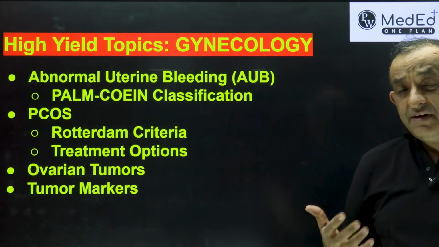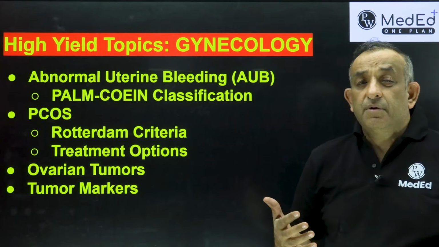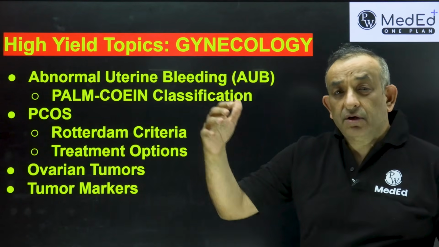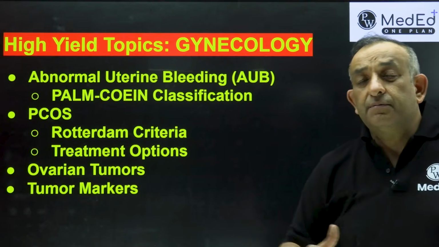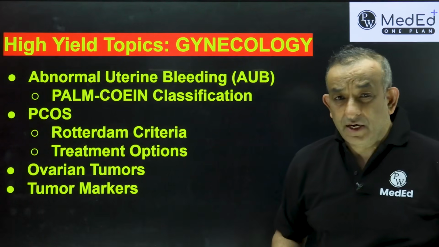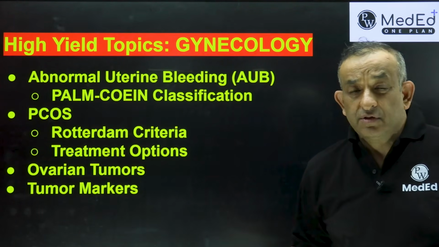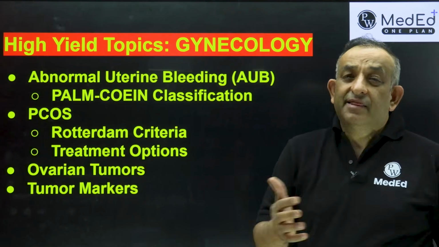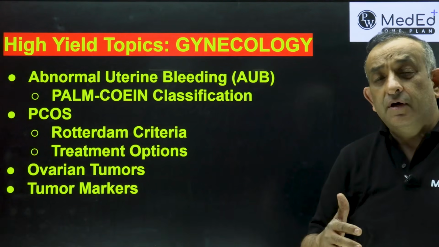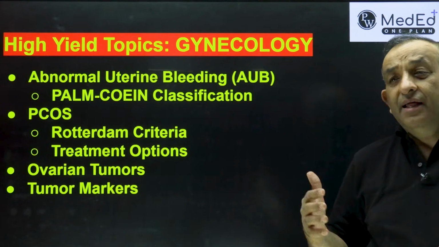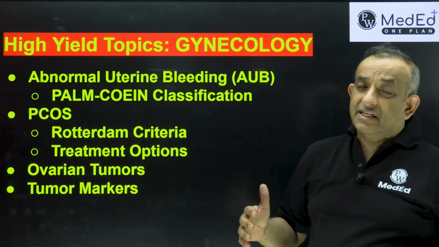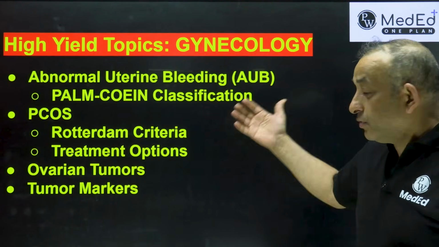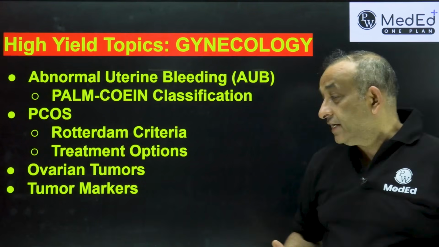And when we are reading about PMOS, you must remember that the criteria of diagnosis is the Rotterdam criteria, which was in 2003, accepted by all the major societies in the world now. The European Society of Human Reproduction, and then the American College of OBS and Gynae, and the American Society of Reproductive Medicine, all of them have accepted the Rotterdam criteria, which was made way back in 2003, right?